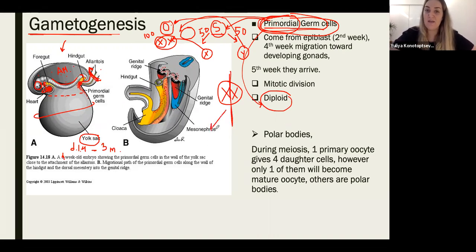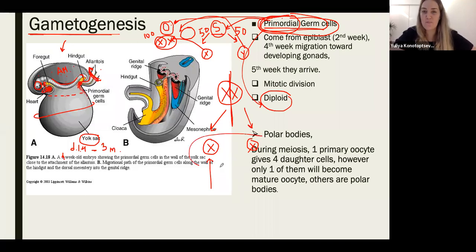As a result, it gives rise to two cells now, and each of the cells carries an X chromosome. How do you call these cells? Oocyte. Very good. You call them oocytes. Why oocytes and not spermatozoa? Because 100% of these cells have X chromosome. So how do I know that PGC will give rise to the oocyte? If it carries XX chromosomes. Only in that case, PGC will give rise to the oocytes.